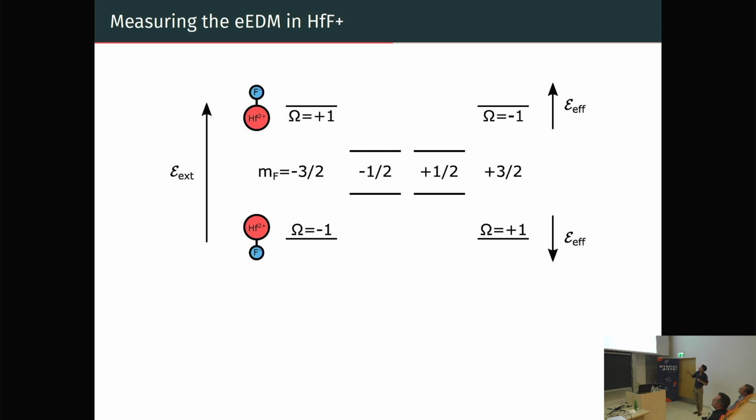So these 2 states up here have their intermolecular axis aligned with or anti-aligned with the electric field, and these 2 states down here have their intermolecular axis aligned with the externally applied electric field. And then this effective electric field that the valence electron sees inside the molecule flips with this intermolecular axis. So these 2 states have their effective electric field pointing this way, and these 2 states have it pointing the other way.